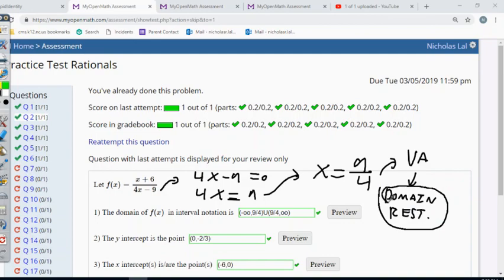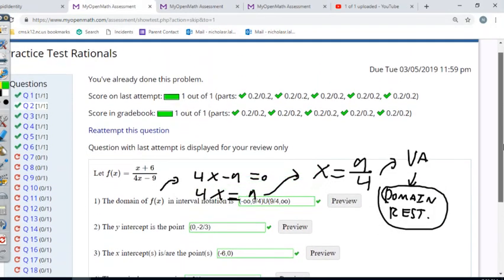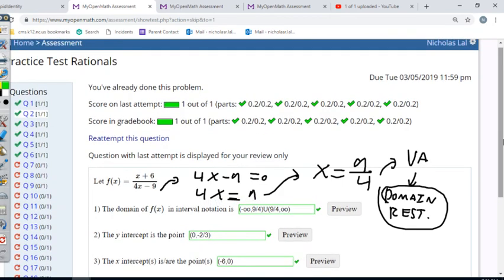So x equals 9/4 is a domain restriction. So our domain is from negative infinity to 9/4 union 9/4 to infinity.